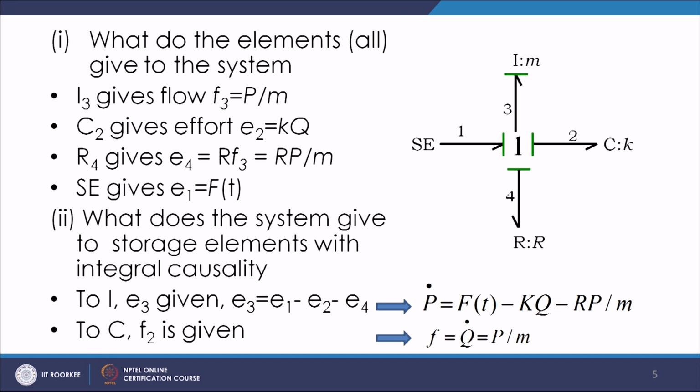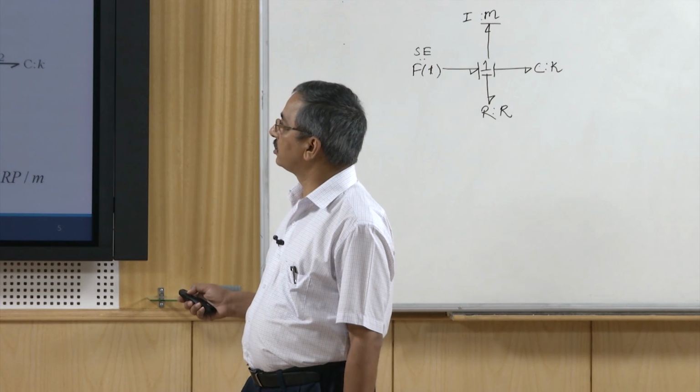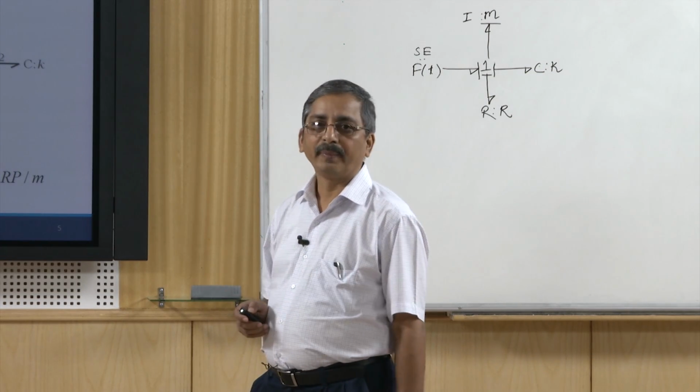I3 is giving to the system a flow, here you see that there is no stroke, it means that it is giving a flow, and that flow F3 we can write as P by m, that is momentum by mass. So, we will be getting that as the velocity. So, F3 is P by m.